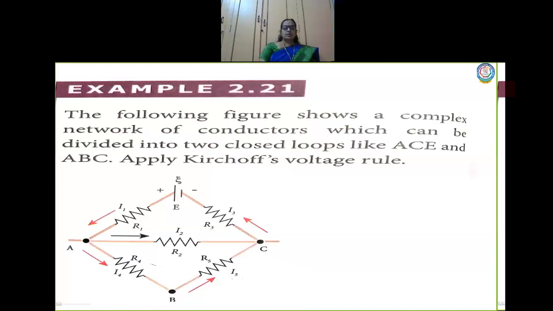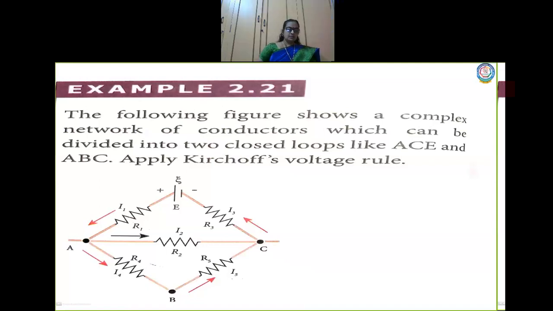Now how many resistors are connected here, children? There are 1, 2, 3, 4, 5 resistors and 1 cell. Now I am going to apply the voltage rule and form an equation for the closed loops ACE and ABC.